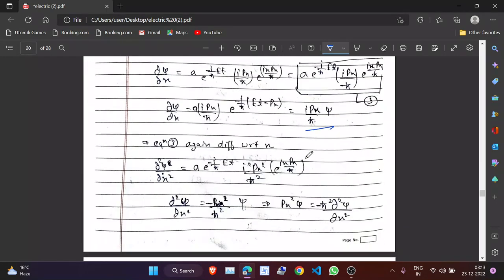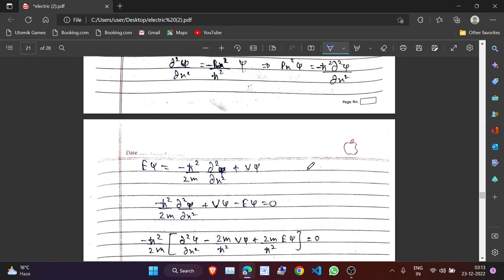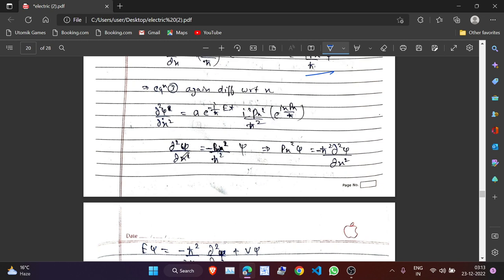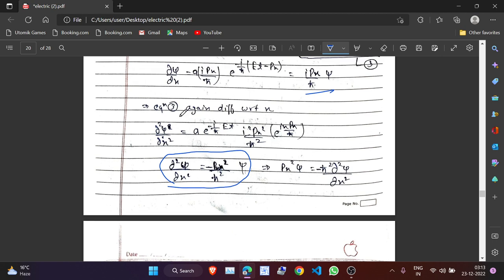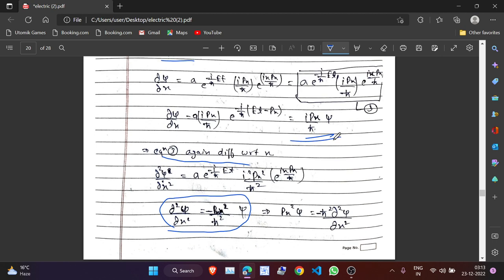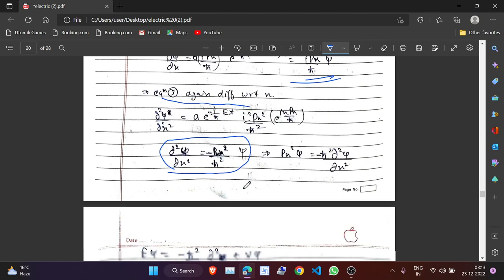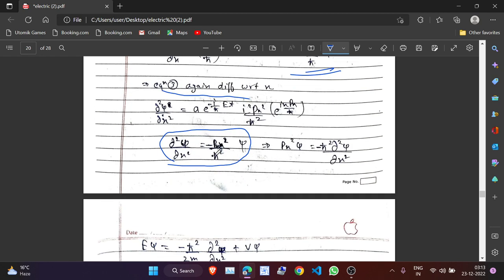Differentiating again, we get the value of d square psi upon dx square equal to minus px square upon h bar square into psi. If we want this value, we take cross multiplication.